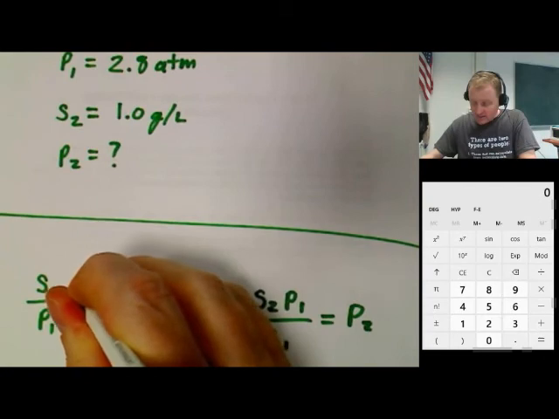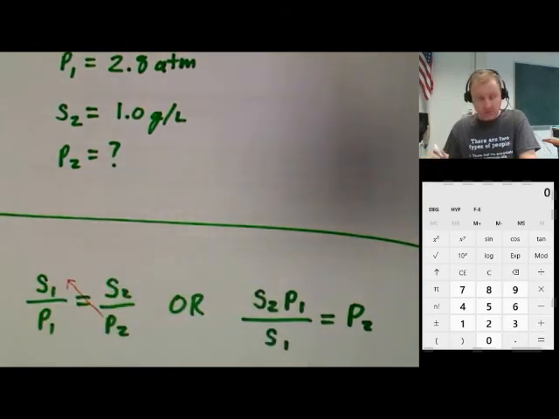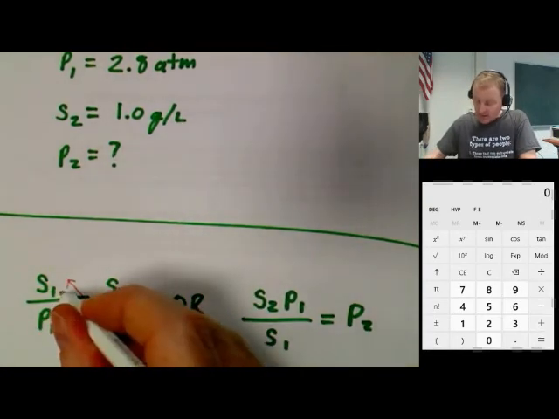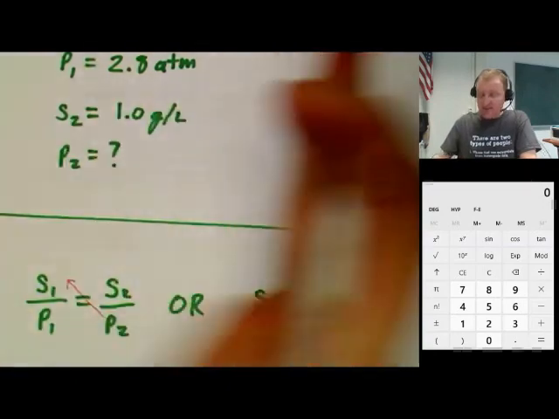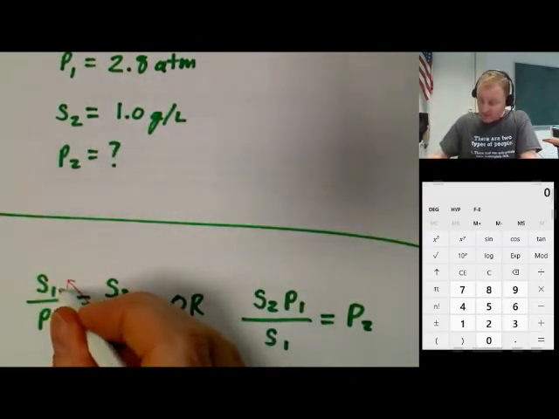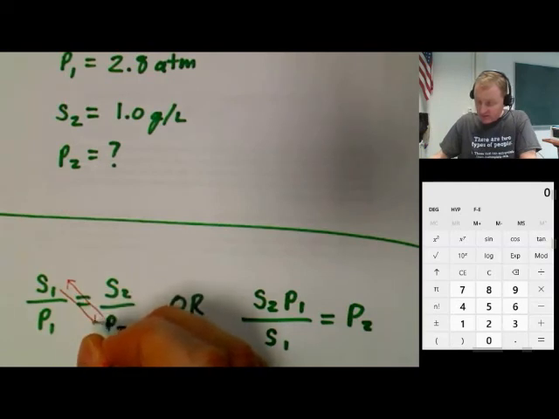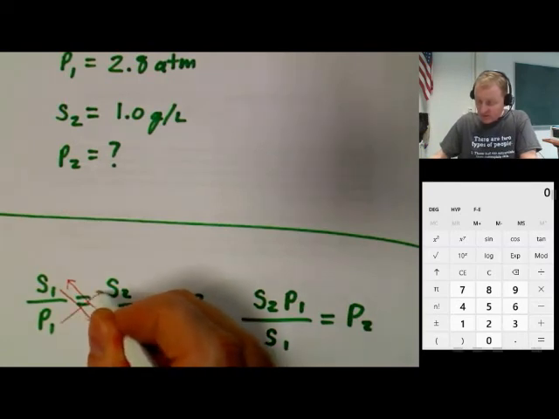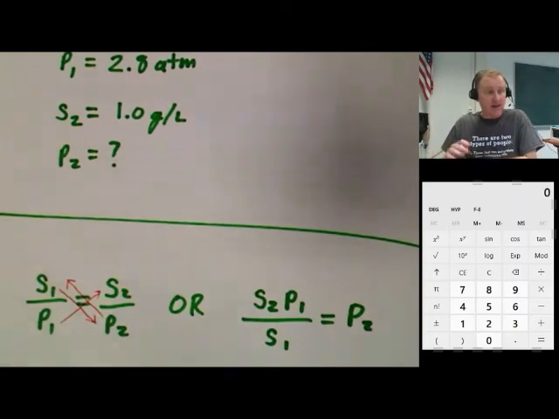Therefore, this has to come up if we're cross multiplying. Then we've got to get everything on the left side to the right side, and when we cross multiply, they have to go diagonal. So solubility 1 is going to go down, and pressure 1 has to go up. A lot of things are going to slide around here. Solubility 2 stays alone, but it is joined by the first pressure, and the first solubility moves down to here.